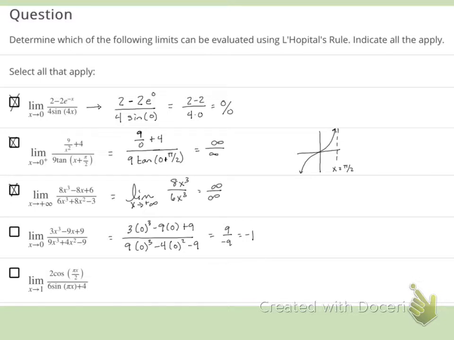And then for the last one, we're looking at the limit as x approaches 1. So again, let's use direct substitution. And we have 2 cosine of pi times 1 over 2, which is pi over 2. And then 6 sine of pi times 1, or pi, plus 4.